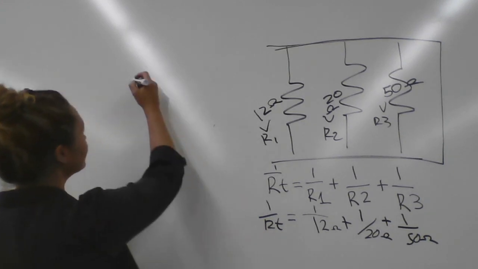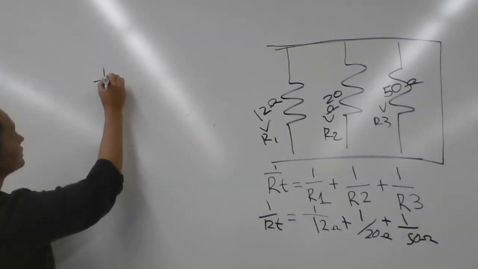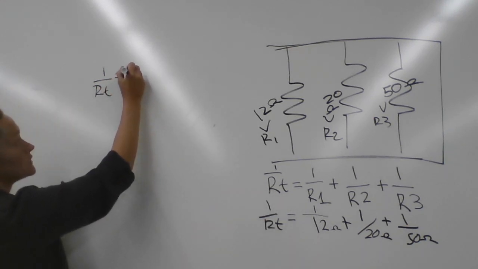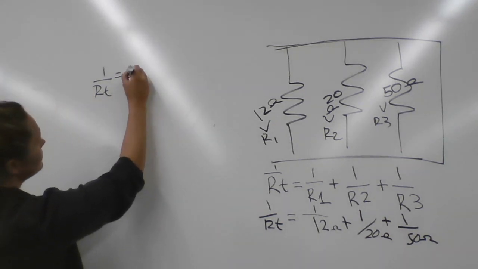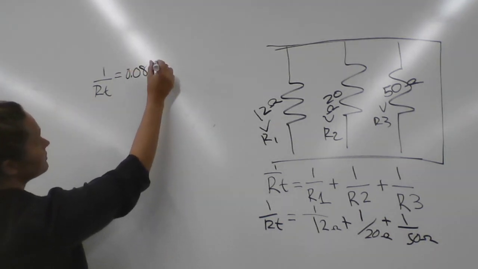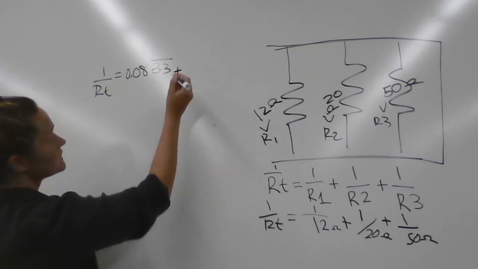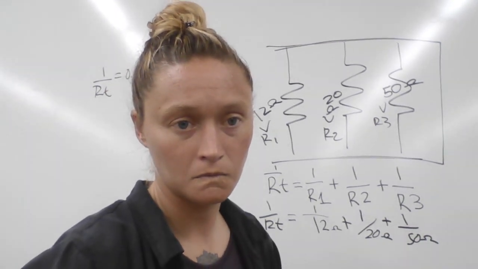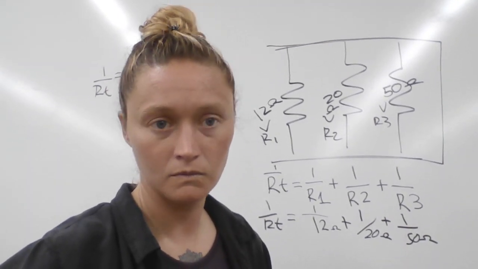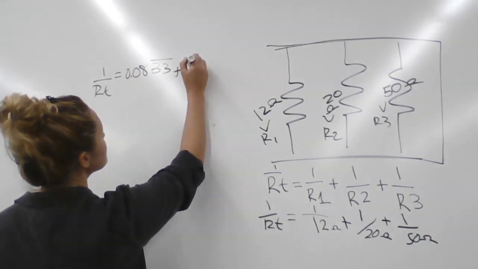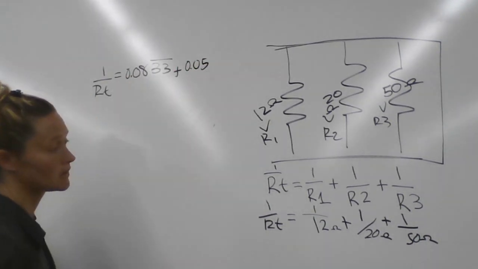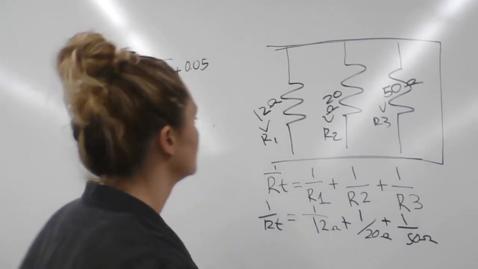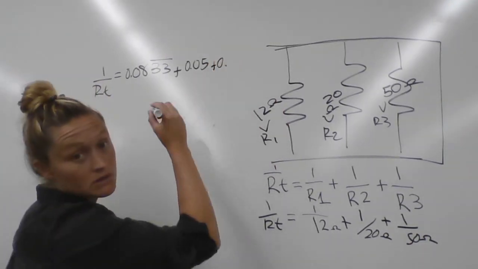So we have 1 over resistance total equals 1 divided by 12, which is 0.083 repeating, plus 1 divided by 20, which is 0.05, plus 1 divided by 50, which is 0.02.